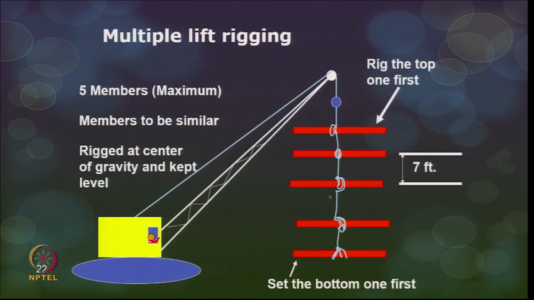Five members maximum, with a clear distance of 7 feet between the members, and the members should most often be similar. The rigging should always be done at the center of gravity. First know where the center of gravity is and tie the rigs together, rig the top one first, and then start rigging the bottom one last.